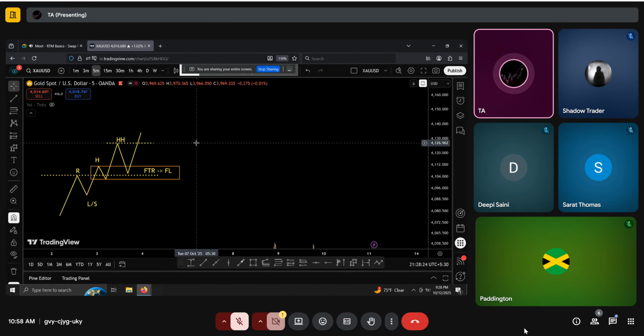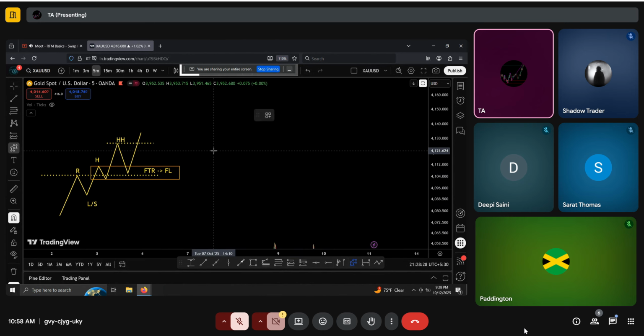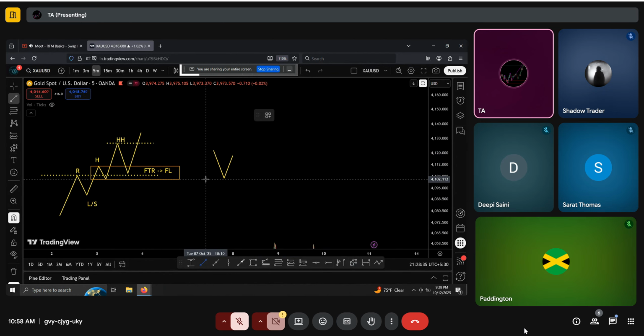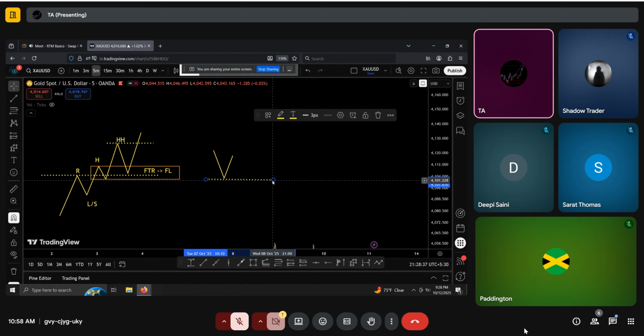If we talk about the downside, price comes down, goes up, and this is where the support is created. This is a support.